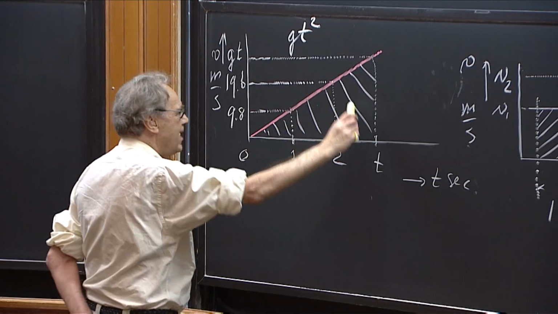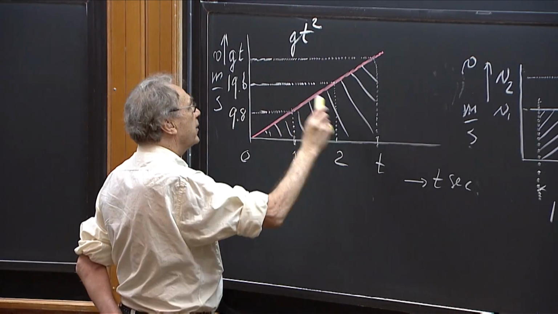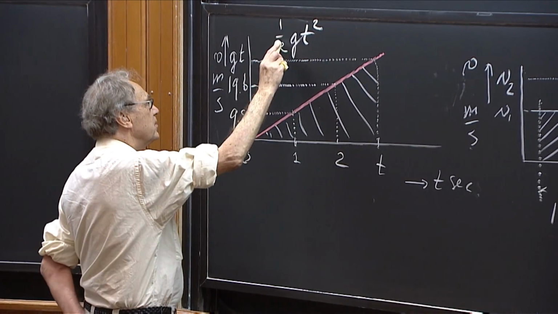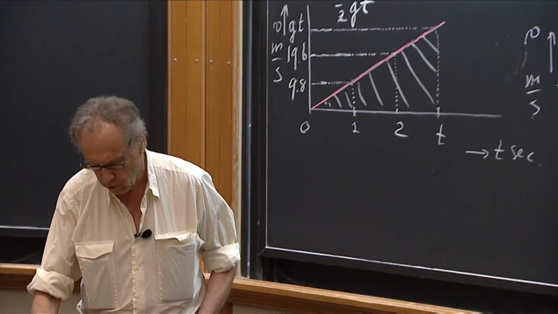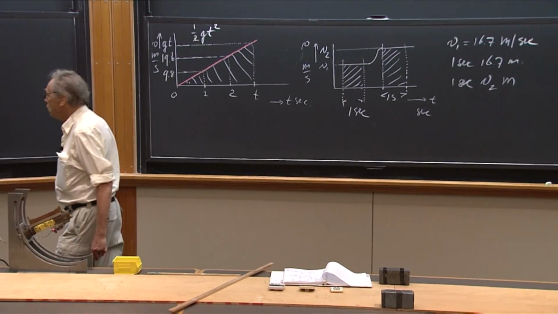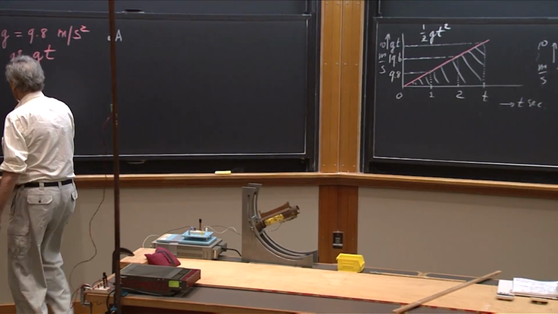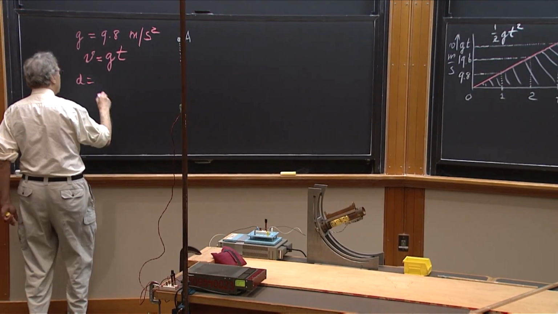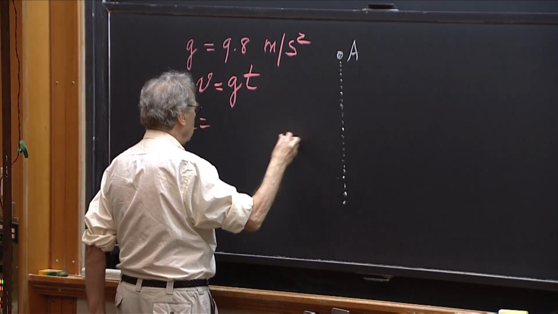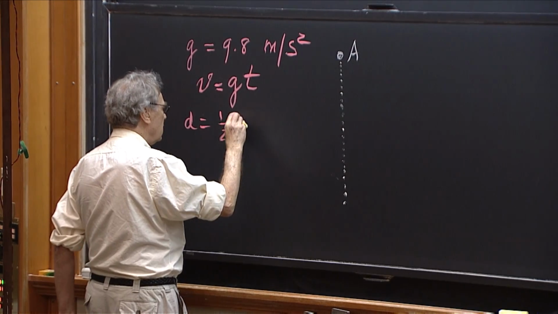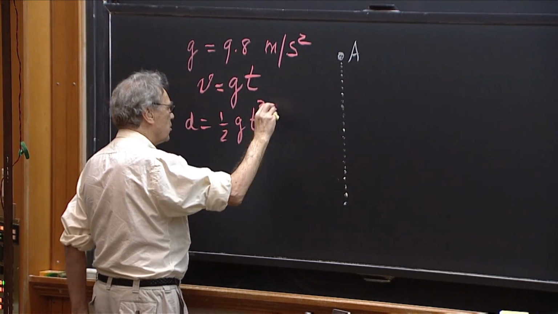And so this triangle is exactly half this area, and so the distance that it has traveled is 1/2 gt squared. And so now we have a new important equation, that the distance that this object moves, if it is in free fall, equals 1/2 gt squared.